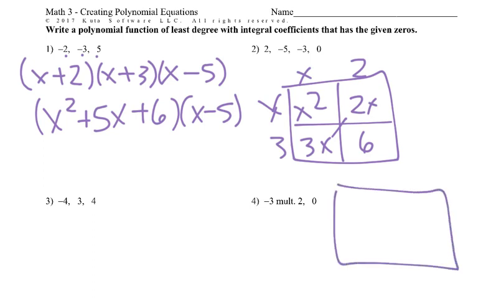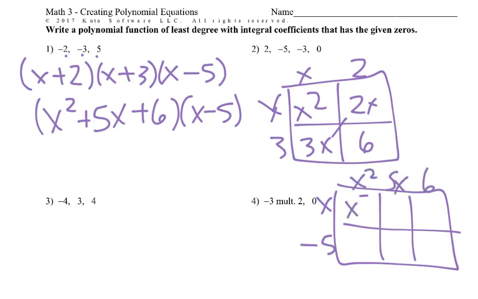So I do another area model. So x and negative 5, x squared, 5x and 6. So I get x cubed, 5x squared, 6x, negative 5x squared, negative 25x, and negative 30.